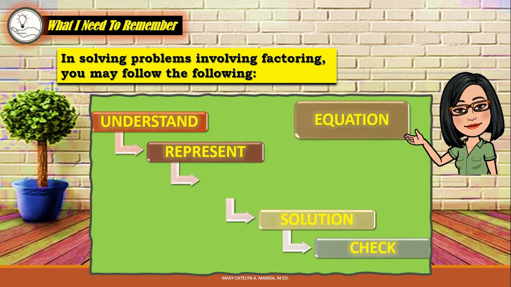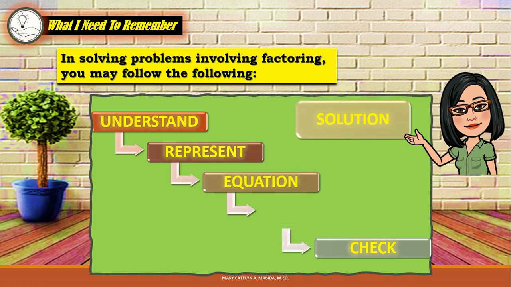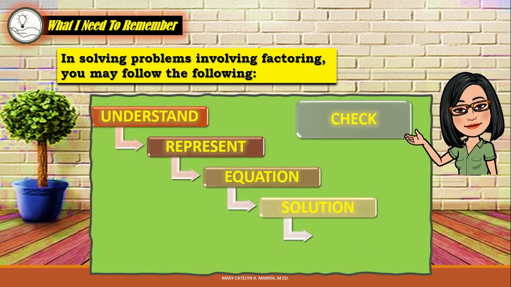Translate the relationship into a mathematical equation. Factor the equation completely. Set each factor to 0 and solve. And lastly, don't forget to check your answer.